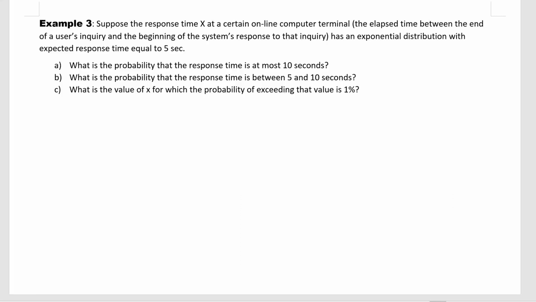Part A. What is the probability that the response time is at most 10 seconds? Part B. What is the probability that the response time is between 5 and 10 seconds? Part C. What is the value of x for which the probability of exceeding that value is 1%?